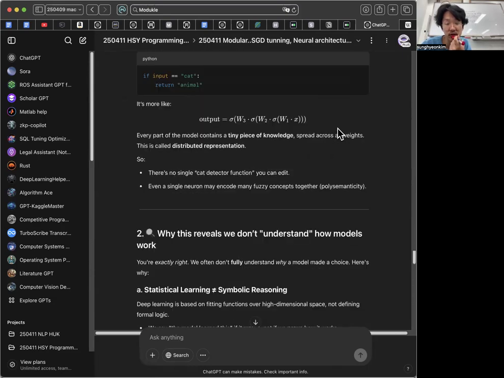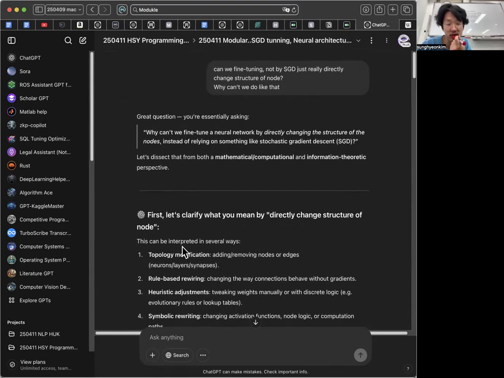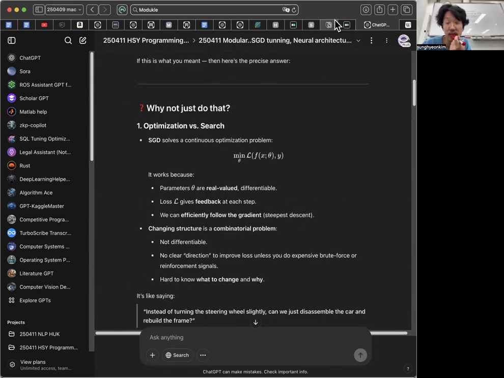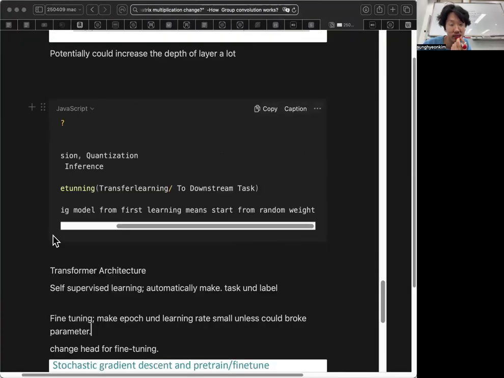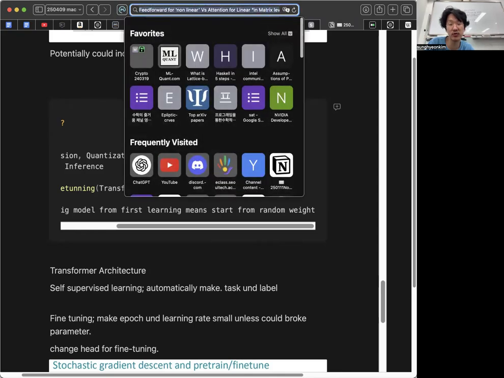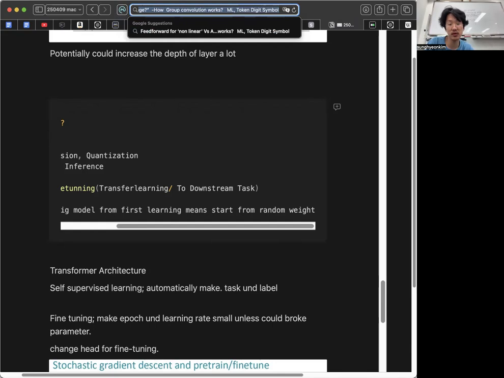There was a good keyword. What was it? It's because it is not a modular network, and we don't use tokens and digits, we don't use symbolic things, but what we use is more like matrix multiplication and real numbers.